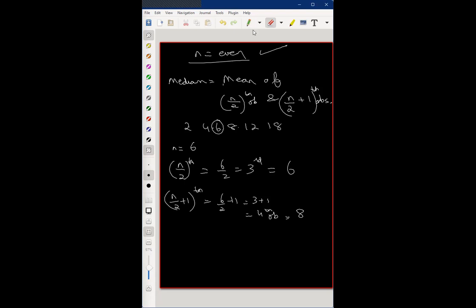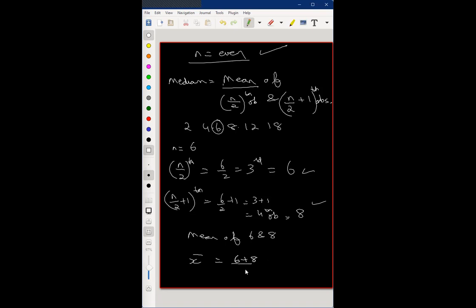So our two values are 6 and 8. Now what do we do? We find the mean. How do we find the mean of 6 and 8? Just tell me quickly. X bar is equal to sigma x by n.